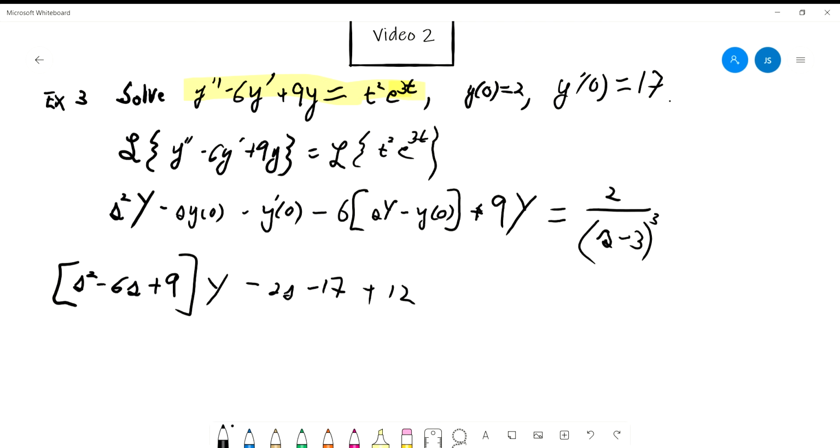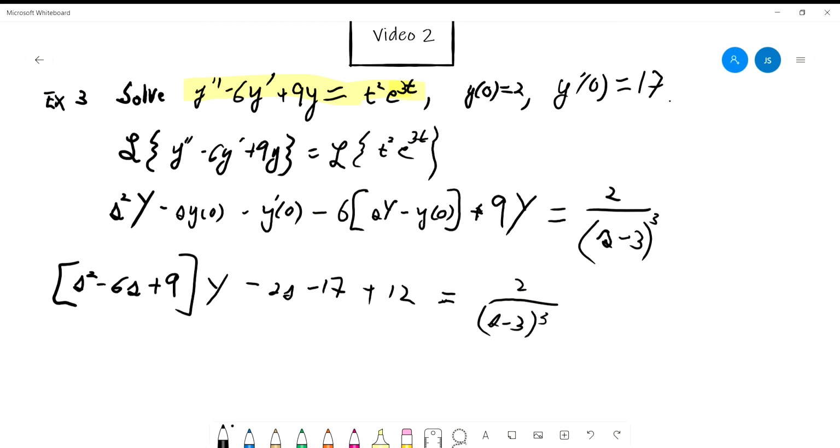Is that supposed to be minus 2s? y of 0 is 2. That is supposed to be minus 2s. And the right-hand side is still 2 over (s minus 3) cubed.